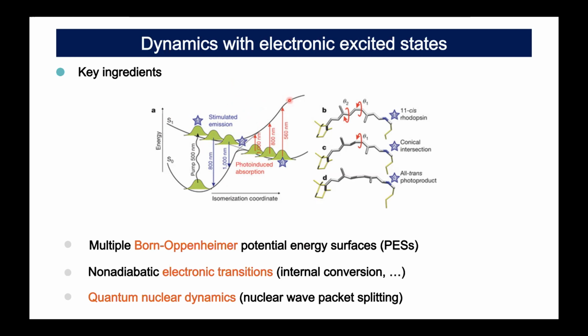With the multiple Born-Oppenheimer states and the non-adiabatic coupling, the wave packet dynamics provide a very interesting phenomenon, which is called nuclear branching, or the population transfer from one state to the other state, right? This nuclear wave packet splitting involves quantum nuclear dynamics.